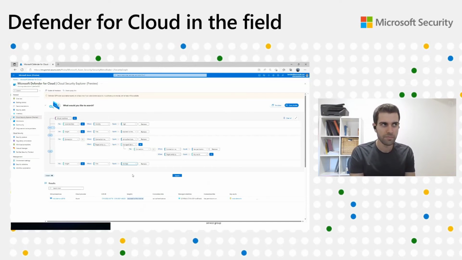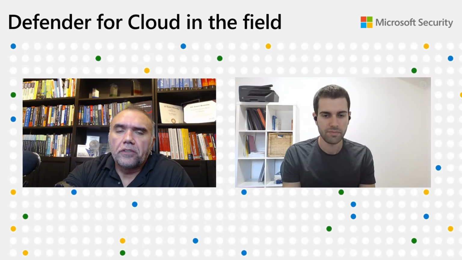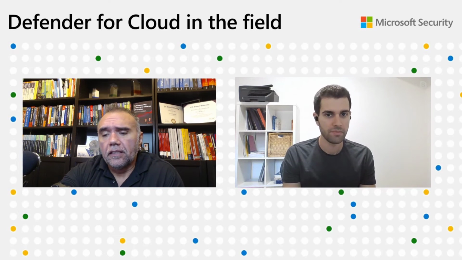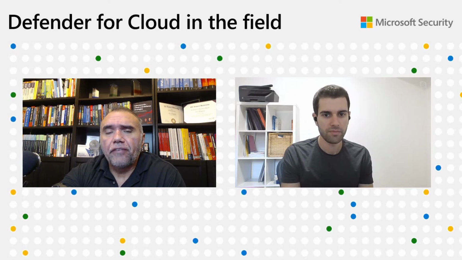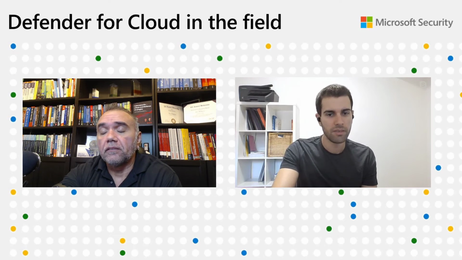Wow, this is awesome. This is really cool, Tal. It will definitely help in situations like Log4j, right? When we had the Log4j outbreak, this tool would have been fantastic to have, because you can go straight to the machines that are compromised with Log4j, for example. It could be any other one, but that one just came to my mind.